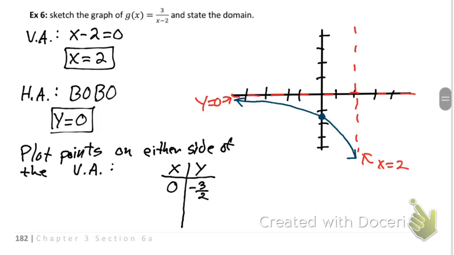All right, I'm 99% sure that my other one's going to look like this, but let's test a point to make sure it's not that 1% that's weird. So we're just going to pick a value to the right of our vertical asymptote. Looks like 3 would be the first one I would want to pick, so let's pick 3. If I plug 3 in here, we have 3 over 3 minus 2, which is 3 over 1, which is just 3. So we're going to plot the point 3, 3.